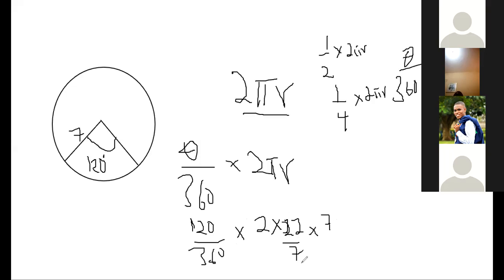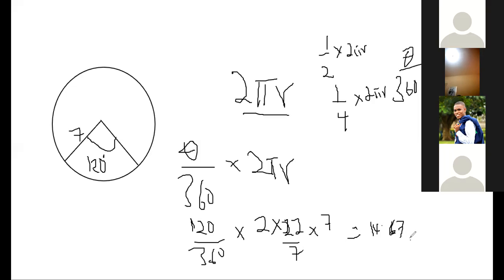I'll not bore you with the calculations and cancellations. You have your calculators there. You just punch it in and you get 14.666667, which to 2 decimal places is 14.67.